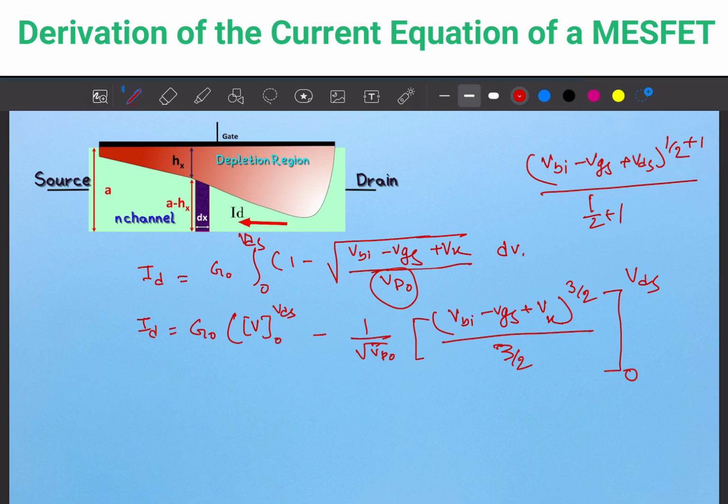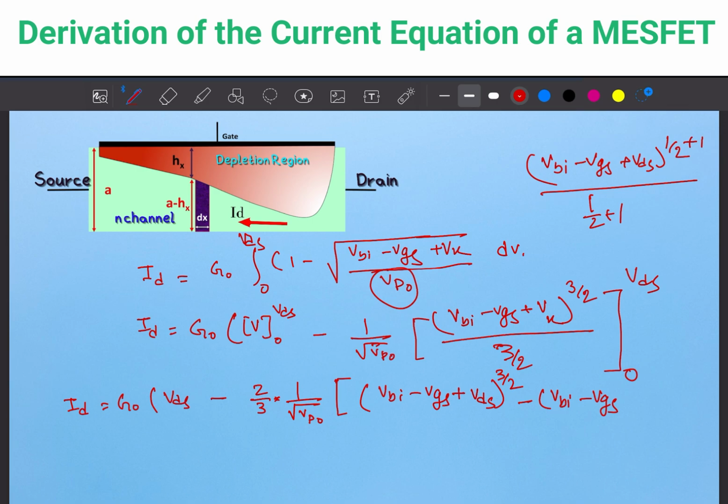If we put the limit here, then we will get ID is equal to G0 times [VDS − (2/3)(1/√V pinch-off) times ((VBI − VGS + VDS)^(3/2) − (VBI − VGS)^(3/2))].